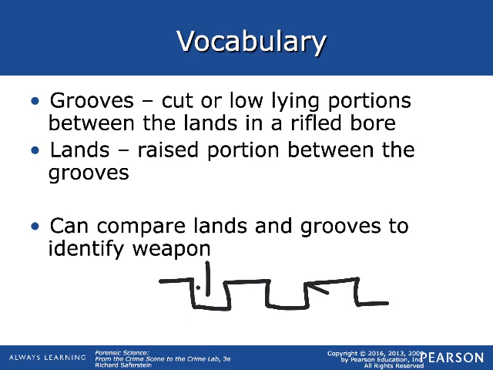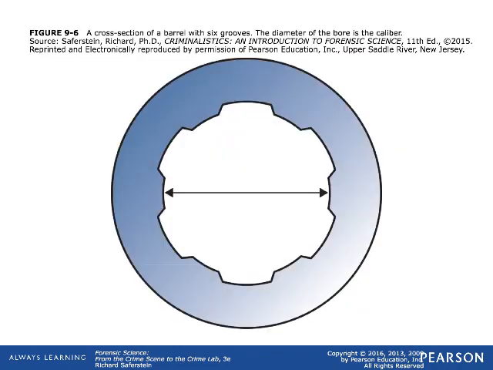The grooves are the low-lying portions and the lands are the raised portions. So you can use the lands and the grooves to identify weapons.